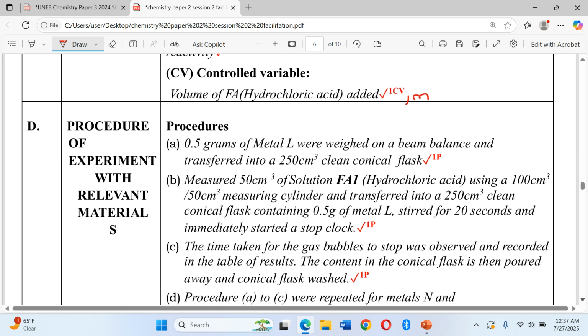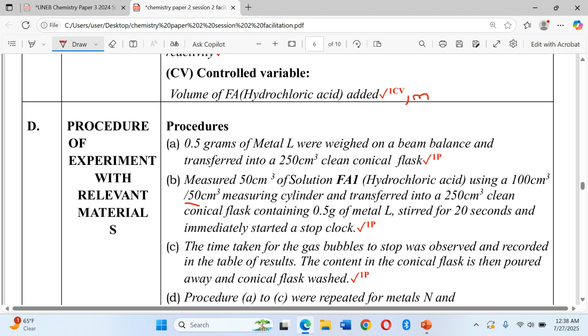Then the procedures. We are saying that 0.5 grams of metal L were weighed on a beam balance and transferred into a 250 cubic centimeter clean conical flask. Then 50 cubic centimeters of solution Fa1 were measured using a 100 cubic centimeter or 50 cubic centimeter measuring cylinder.